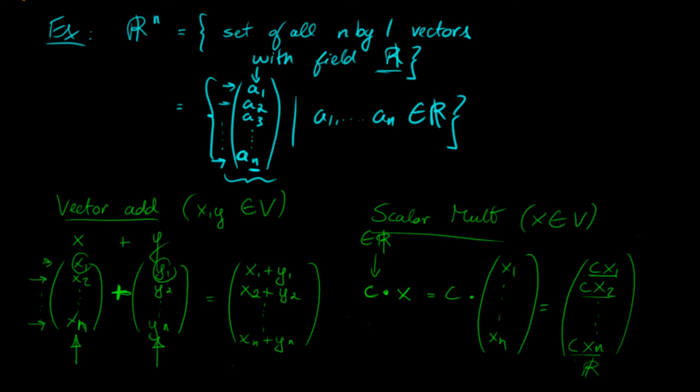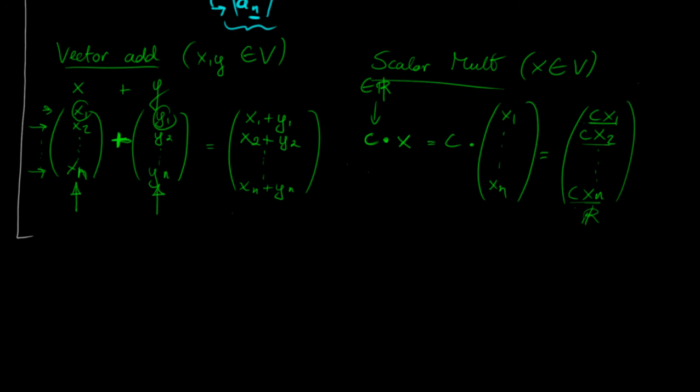Now, if I didn't tell you that this was actually a vector space, this would basically be what would be given in the question. All of this is given. What you would need to do is verify all 8 axioms to show that it's a vector space.